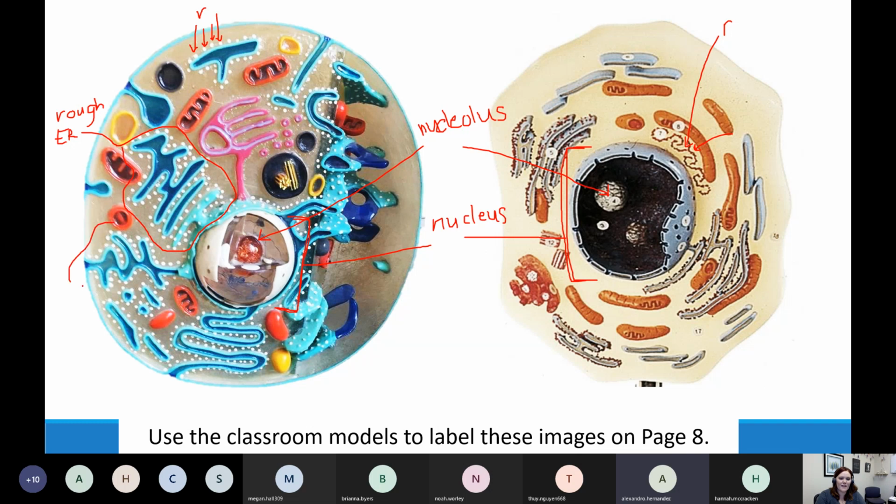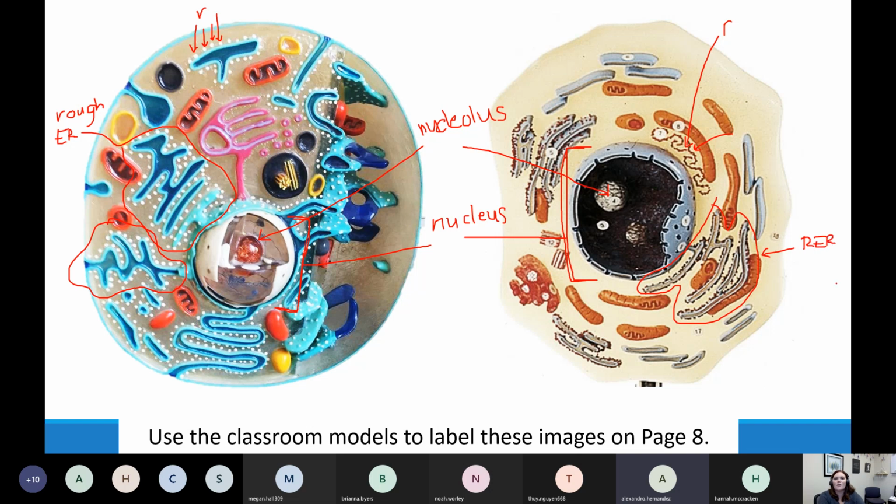So the rough ER are those membranes that have ribosomes on the outside of them. Those ribosomes build proteins, whether they're by themselves or whether they're on the rough endoplasmic reticulum. So the two organelles that make proteins in your cells are the ribosomes by themselves, and then I'll highlight on this model as well, these little spots that are on the outside of my purple membranes. That's my rough ER over here.